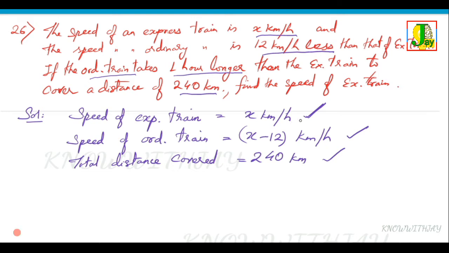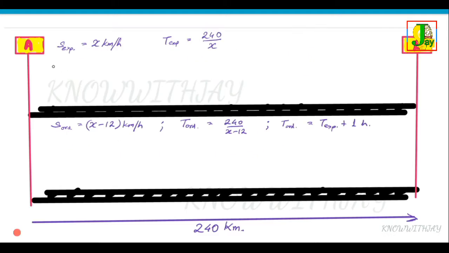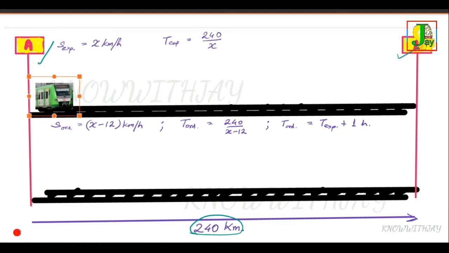Now let us try to understand this situation with the help of a small animation. As you can see, we have two stations, station A and station B, and the distance between the two stations is 240 kilometers. Now let us bring our express train. Let us say the express train travels with a speed x kilometers per hour.